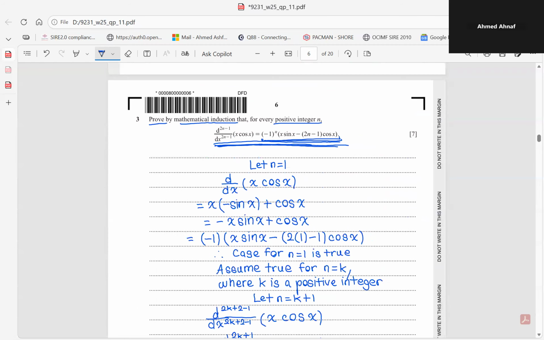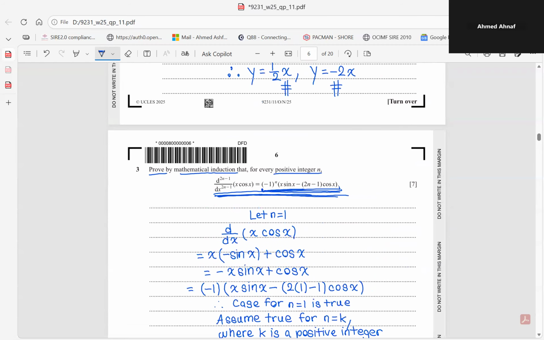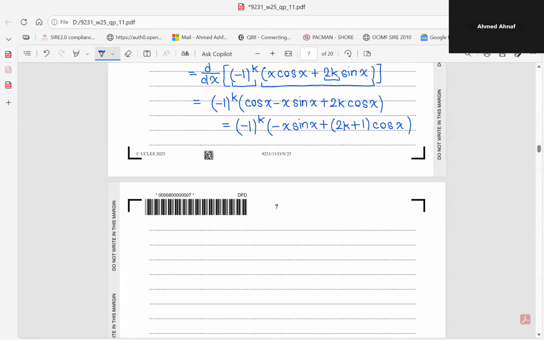So to make it in the form of the right hand side here, you can see this sign is actually minus instead of plus, so we can start off by factorizing -1 from here.